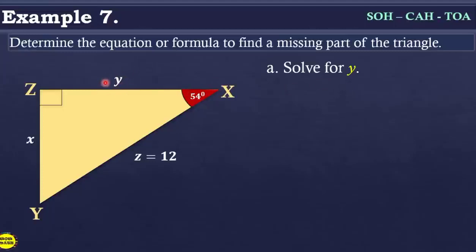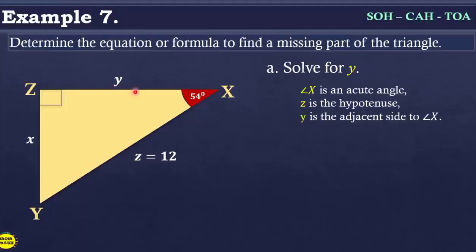Ang tanong dito, ano ba yung mga given? Yung available, ano yung mga given natin? Given po yung angle x natin, which is your acute angle. Given din po yung ating z, which is your hypotenuse. And then, syempre, yung y natin, that is the adjacent side to angle x. Lagi mong titignan ano yung given, ano yung meron.